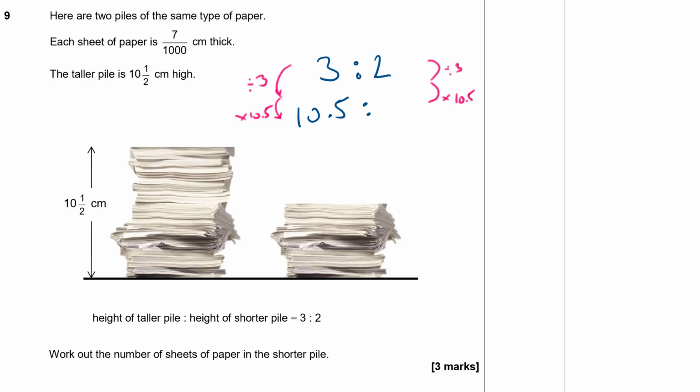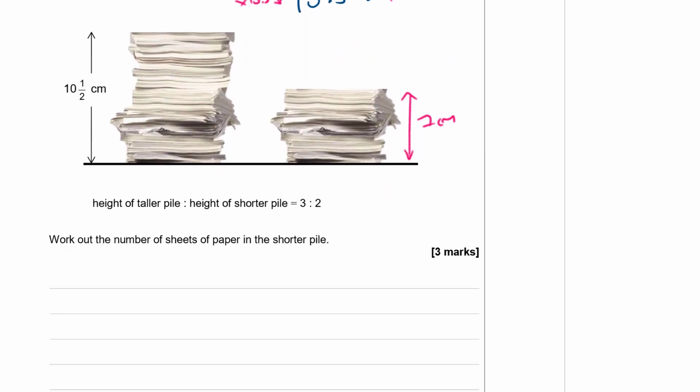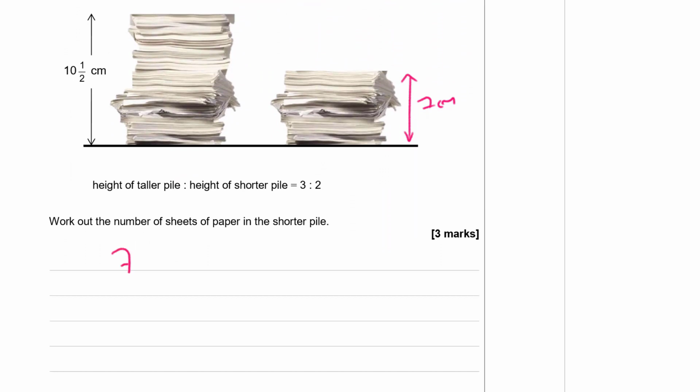So this number in here should be 7. That tells me that the height of my smaller pile is 7 centimetres tall. Now I know the height of it, and I know that each sheet of paper is 7/1000ths. So what is 7 divided by 7/1000ths?